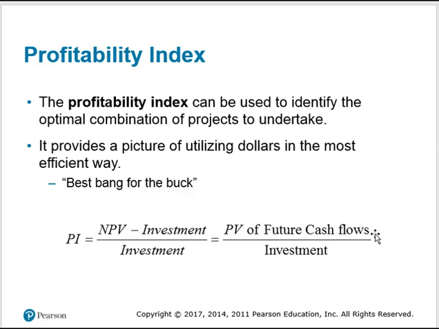Present value is benefits, investment is cost. This is just a relationship between benefits and cost, but in a quotient form rather than a subtraction or difference form. If the benefit is greater than the cost, if the profitability index is greater than 1, then you want to do the project.